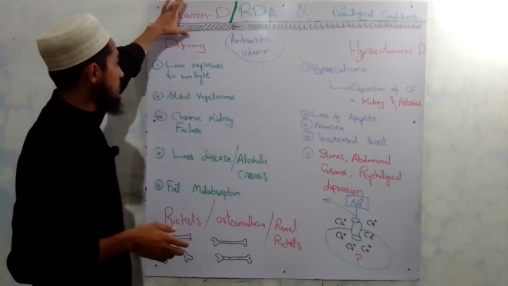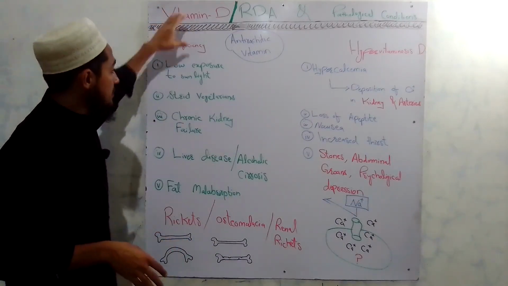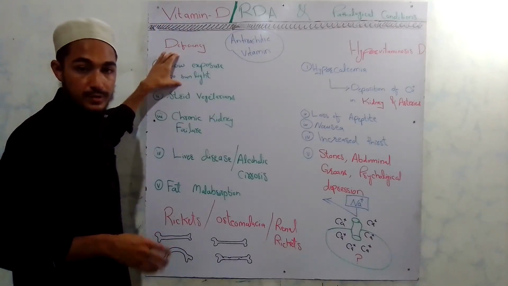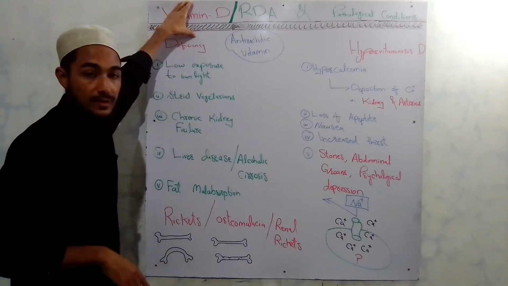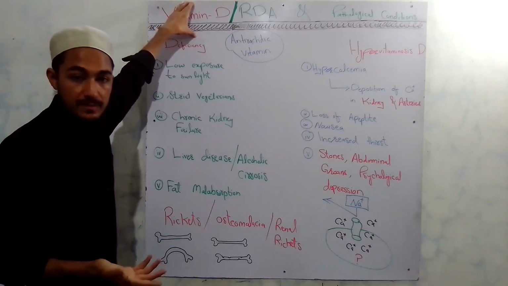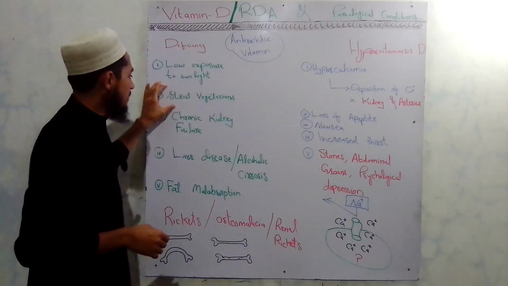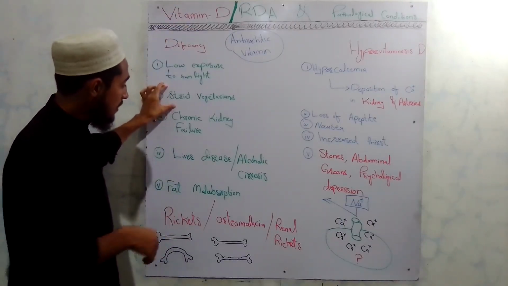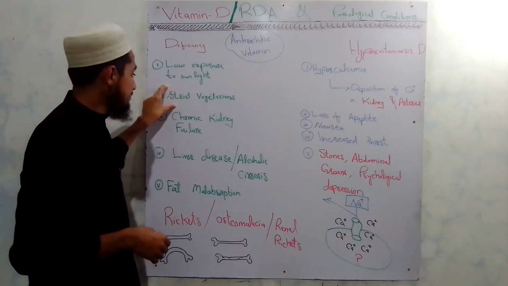And as you know, vitamin D is necessary for the absorption of calcium, so when you do not expose your skin to sunlight frequently, your body will not synthesize vitamin D, and ultimately your body will not absorb calcium in proper amount.